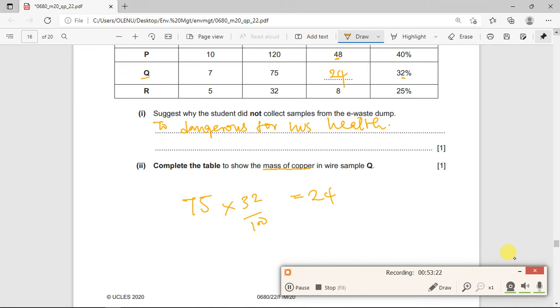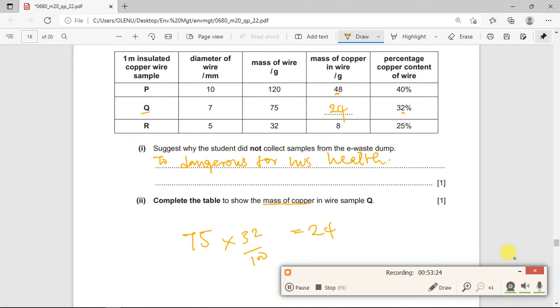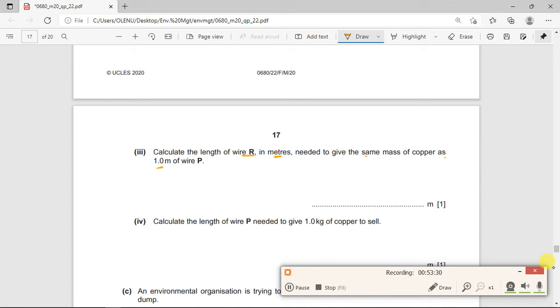For you to get 1 meter length of R from wire P, all you need to do is 48 divided by 8. Remember, this is for R and this is for P. It will be equal to 48 divided by 8, which will give you 6 meters.